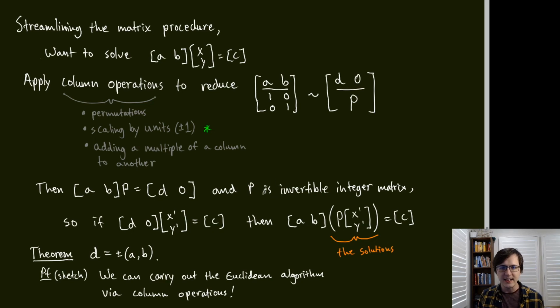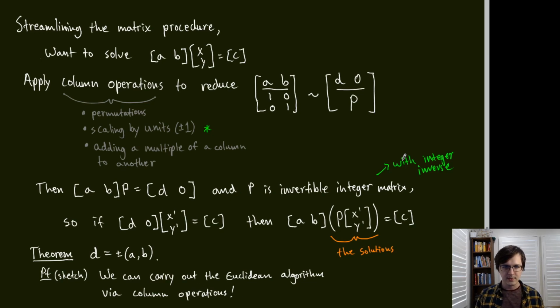And also that P is an invertible integer matrix, which I was a little sloppy about earlier when I said this, but I mean with an integer inverse. So I mean it's a matrix where every entry is an integer after inverting.